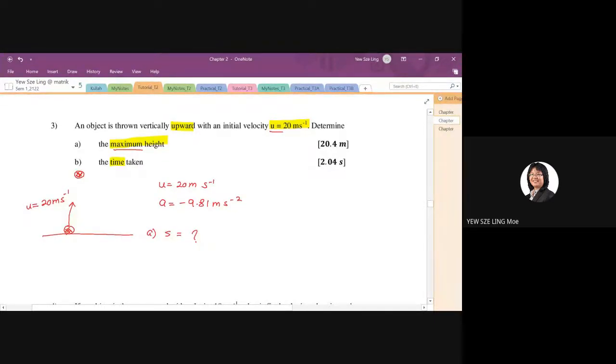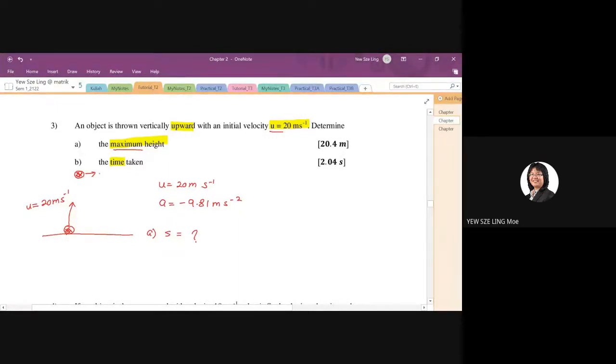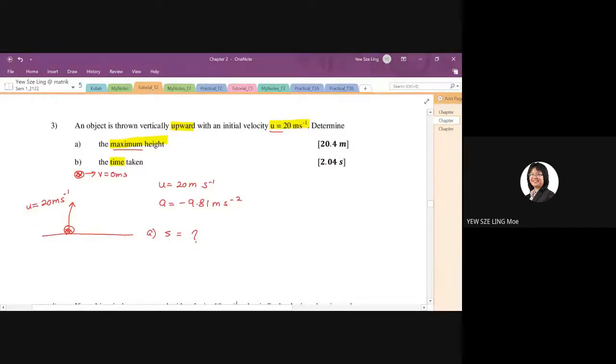At maximum height, our object stops for a moment. So at this point, v is equal to 0 m/s. Before our object changes its direction, it stops for a moment. Therefore, we have v equals 0 m/s.